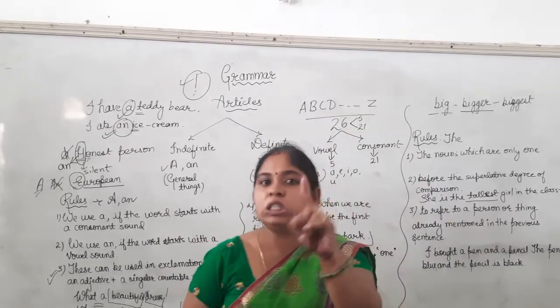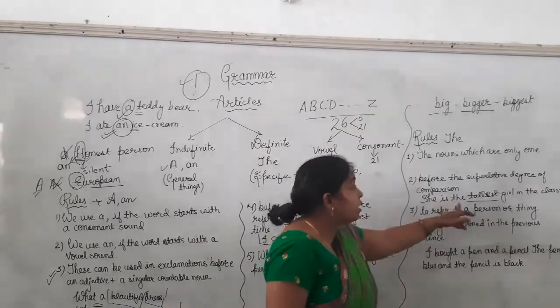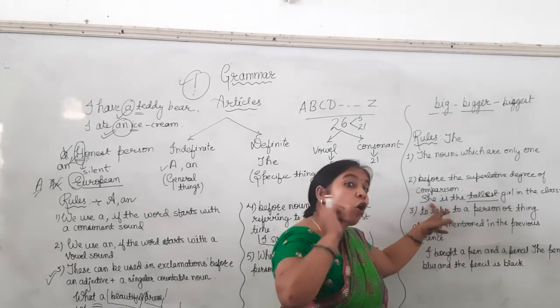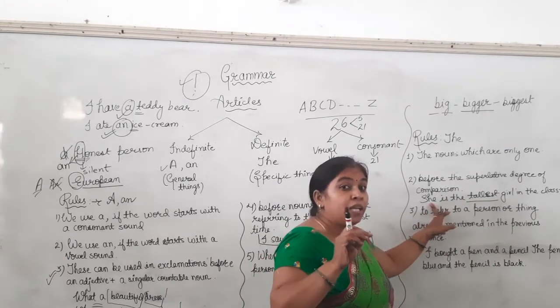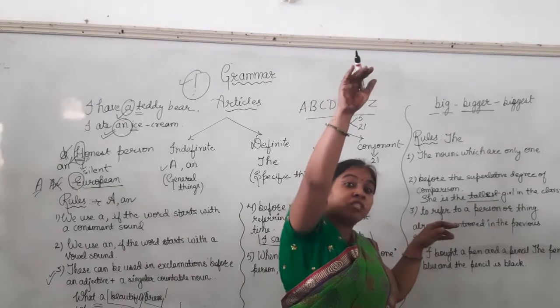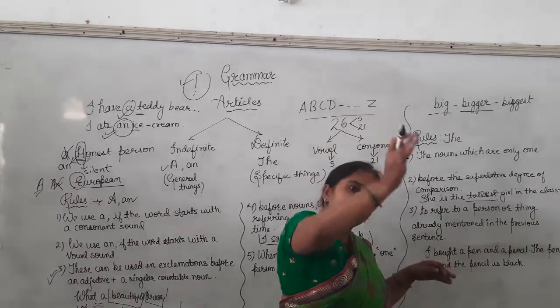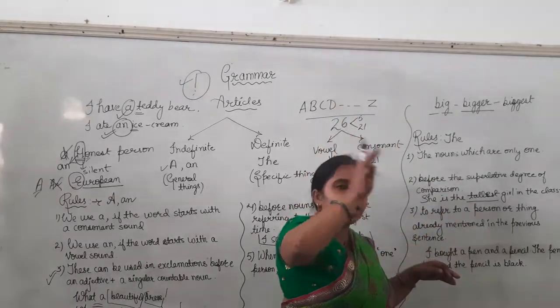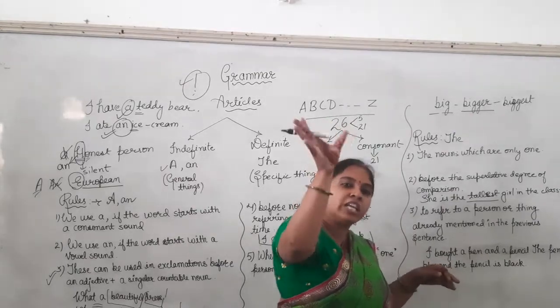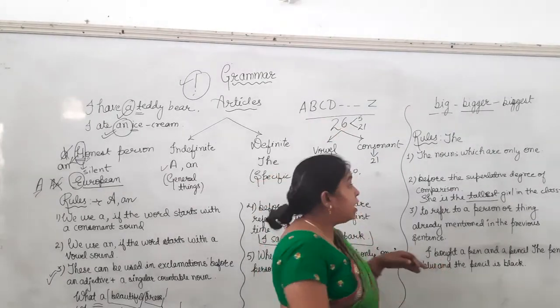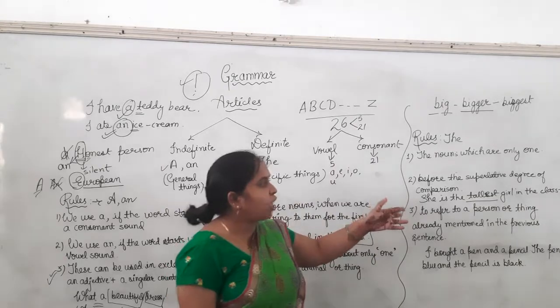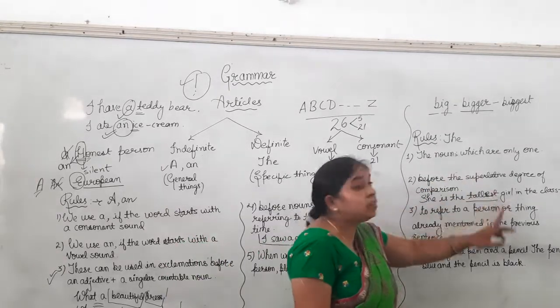Tall, taller, tallest. Tallest means the girl is the tallest one in the classroom. It means there is no comparison. She is the tallest one and the others are not taller than the girl. She is the tallest one. So that time before the superlative degree we use the article "the".